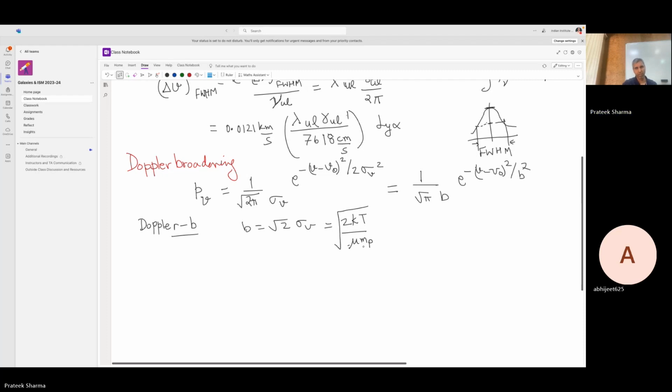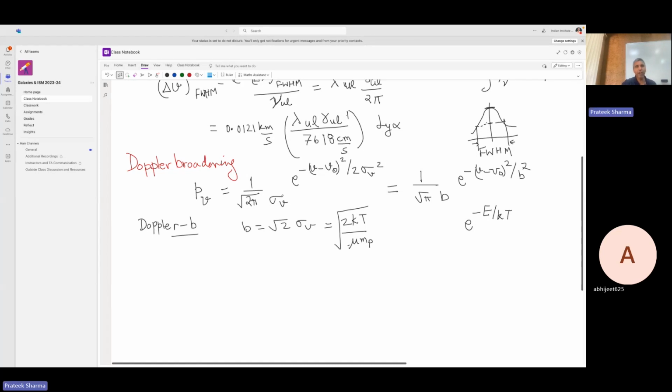Right. So this is nothing but the Boltzmann factor if you look at it, right? It's e to the minus E by kT, where E is nothing but half m v squared. So that's why you have this half. So you can read it off.